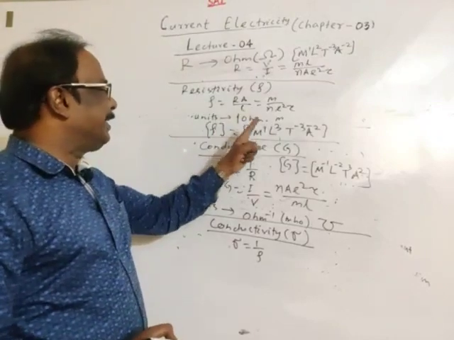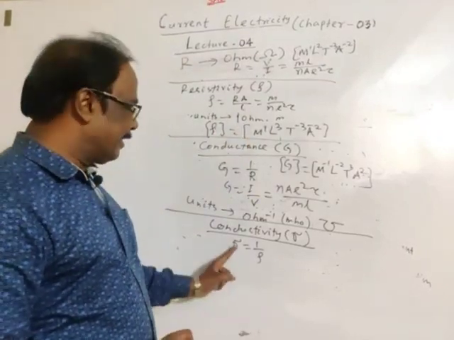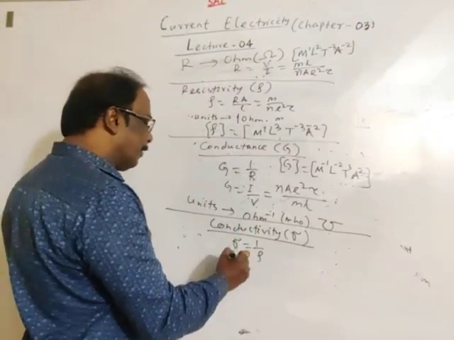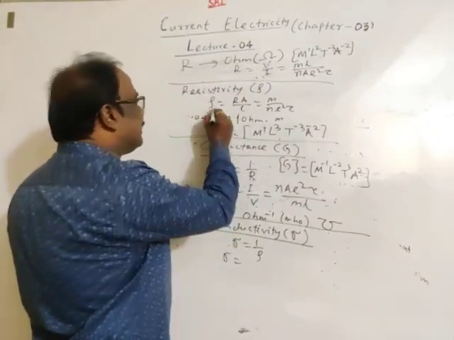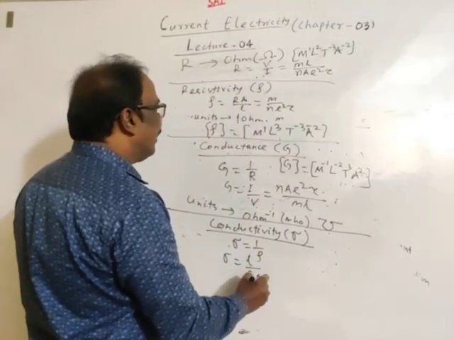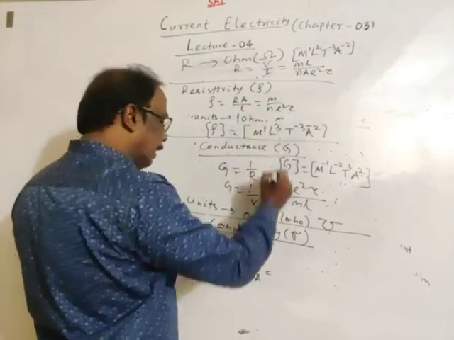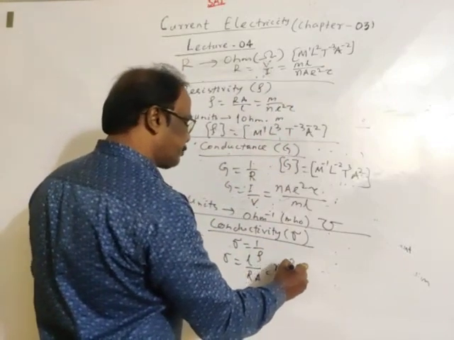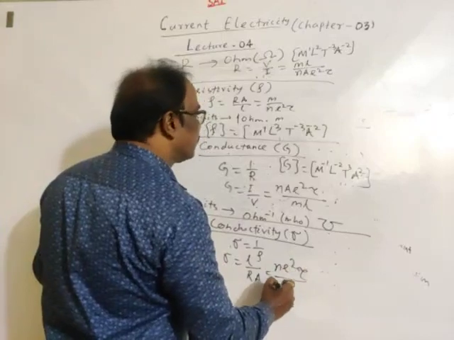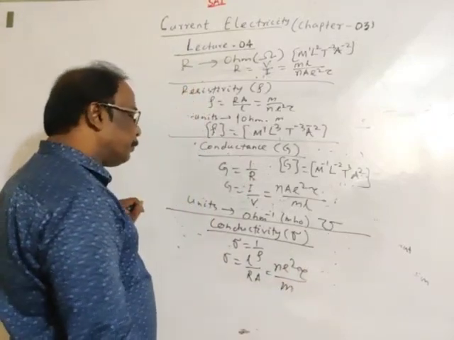So resistivity depends upon nature and temperature. Conductivity also depends on nature and temperature. So the formula for conductivity: see, resistivity is RA by L, so this is L by R. Take the reciprocal, or you may write n e square tau, where tau is the average relaxation time, divided by m. So, units.